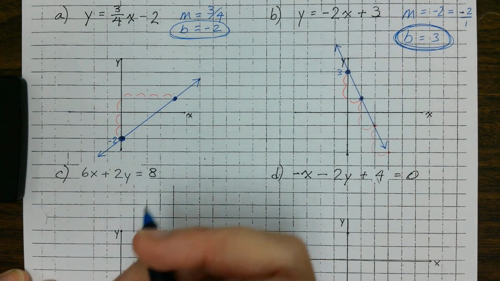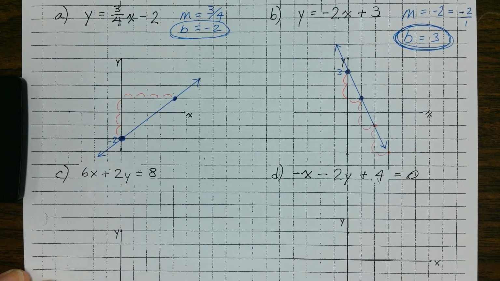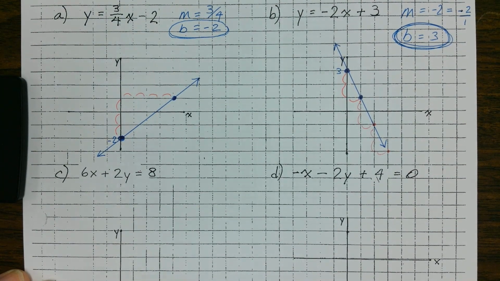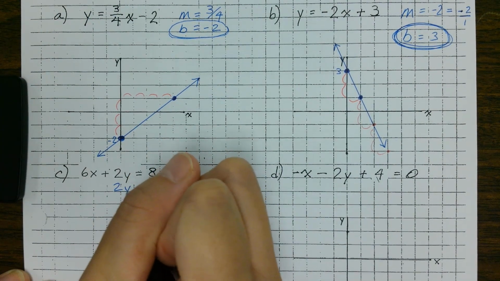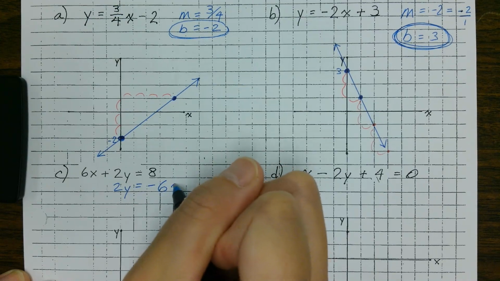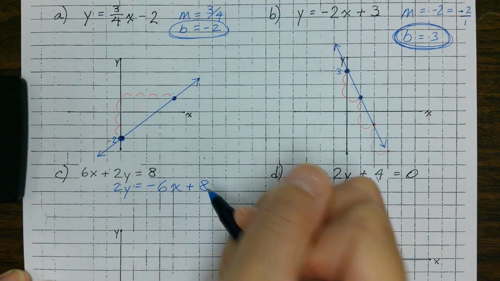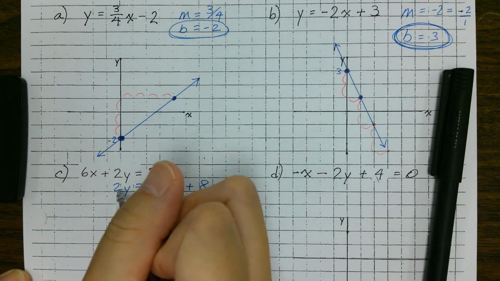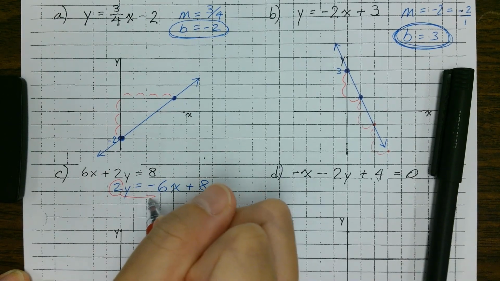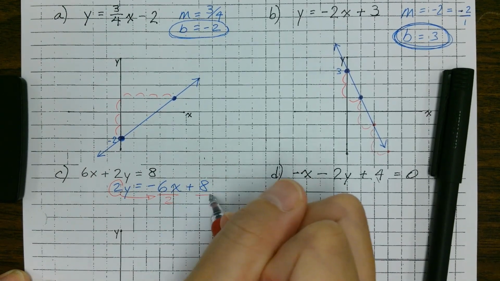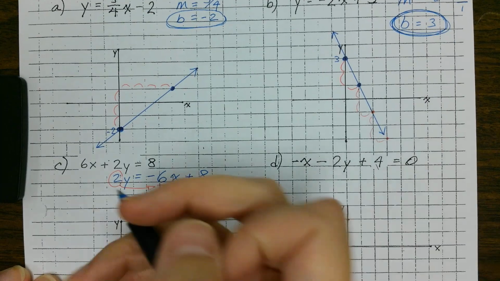So that's why yesterday's homework was so important, because we have to rearrange it first. How do I put it into y equals mx plus b form? Perfect. And then we divide. Divide everything by 2.